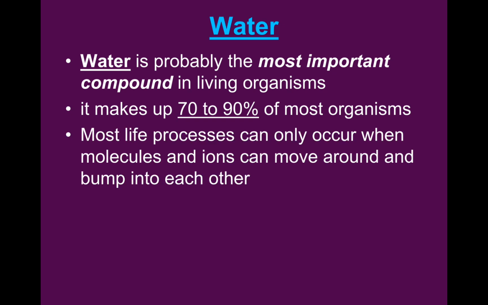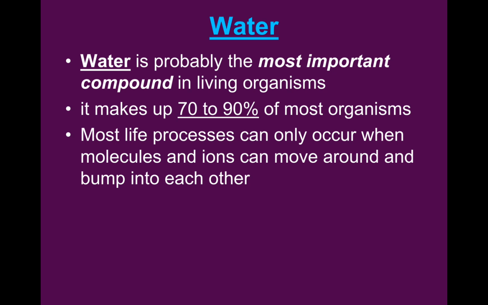Now, most life processes can only occur when molecules and ions can move around and bump into each other. So think about the blood that flows through your body. Well, blood is essential for life, and it carries all the nutrients, all the vitamins, all the minerals that you need to stay alive.